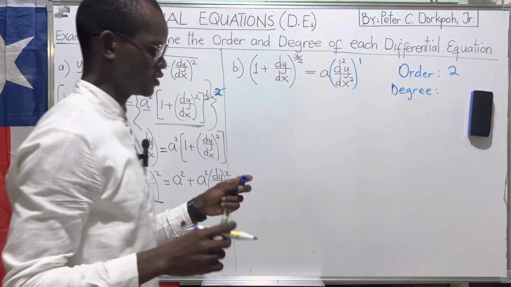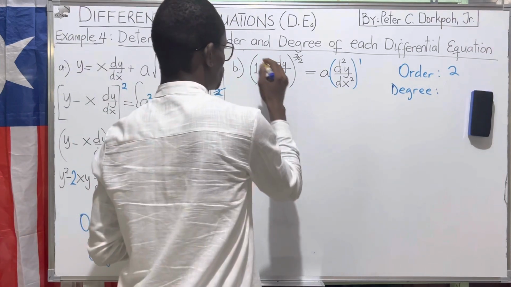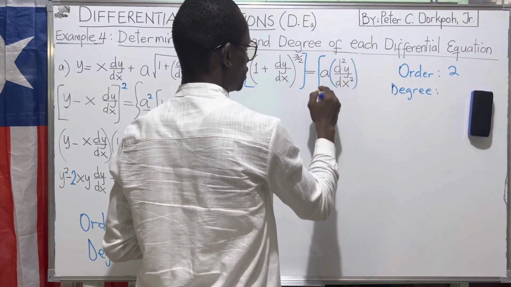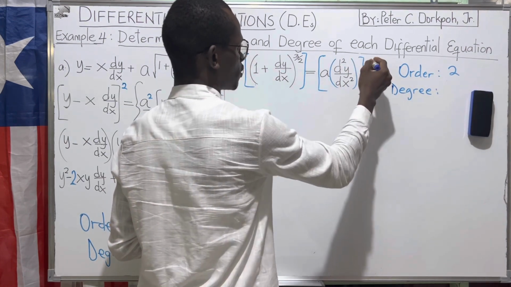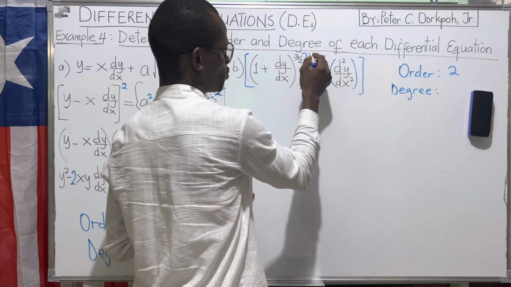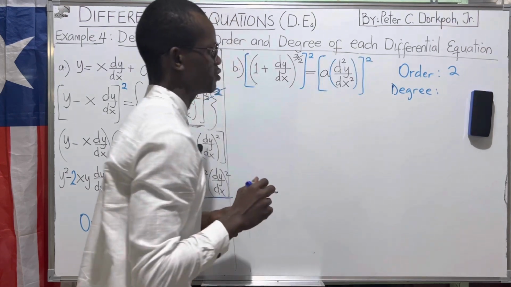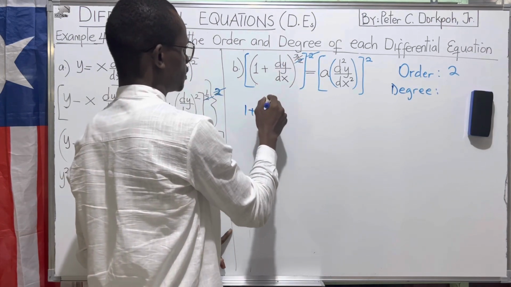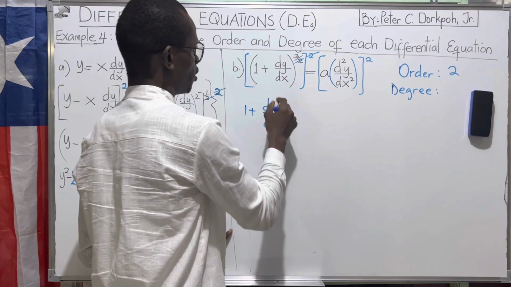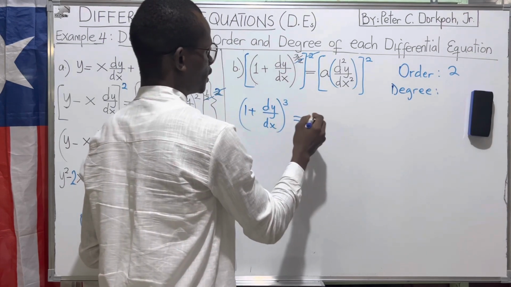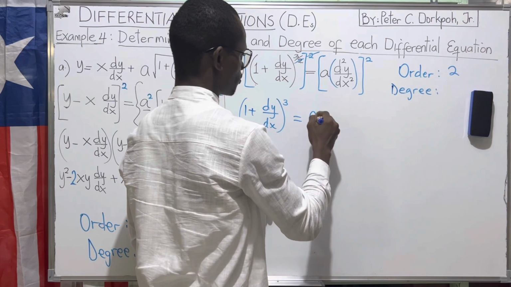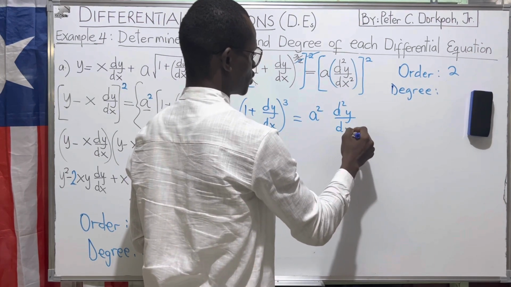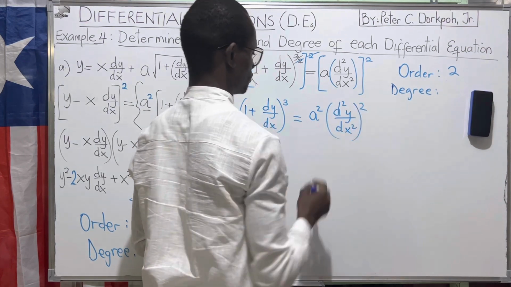We have a fractional power here, so we need to get rid of it. We can raise both sides to the power of 2 to get rid of this denominator, so we cancel this 2. You'll be left with 1 plus dy by dx, all raised to the third power, equals a squared times d2y over dx squared, all raised to the second power.